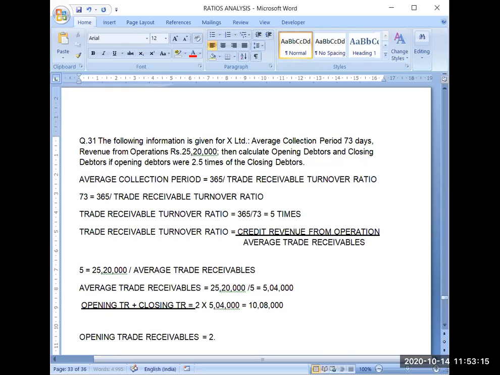So 2.5 times means 2.5 multiplied by closing debtors. Off means multiply. So this I have converted into an equation form.